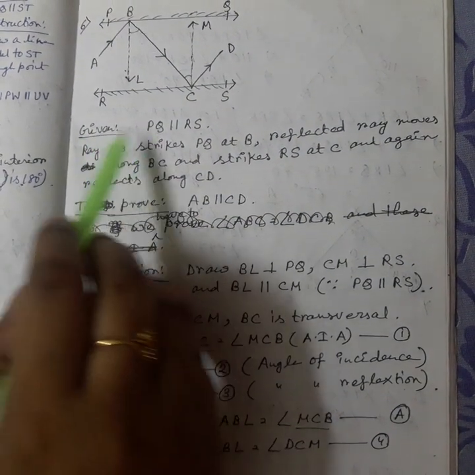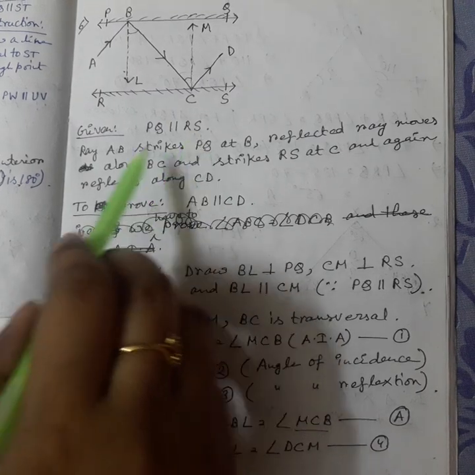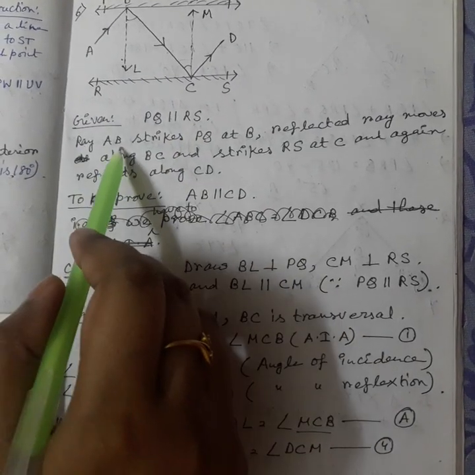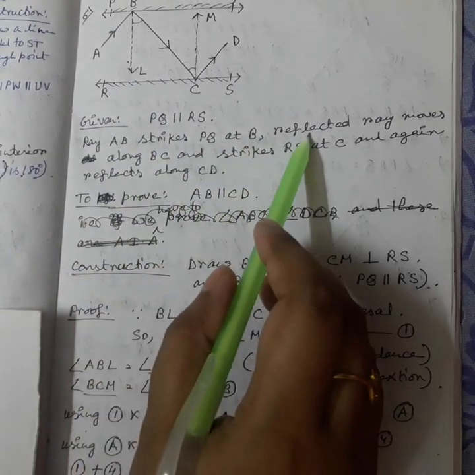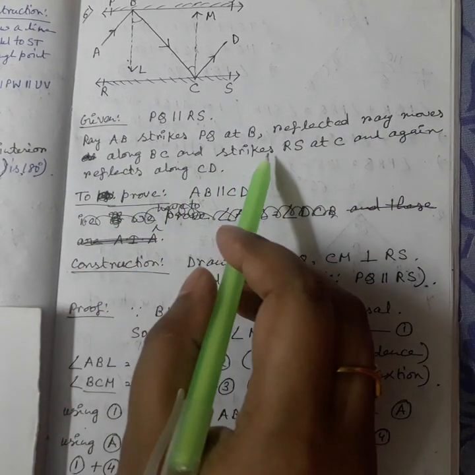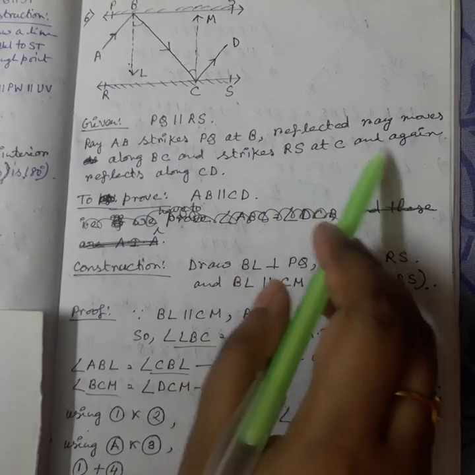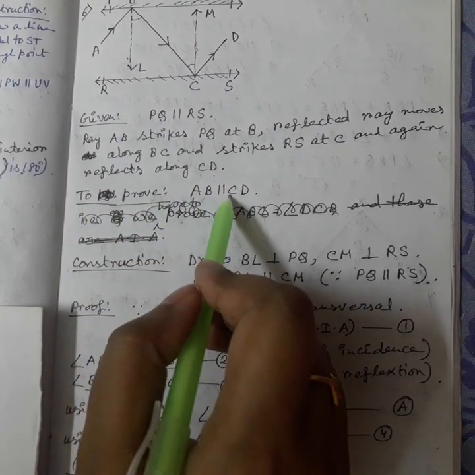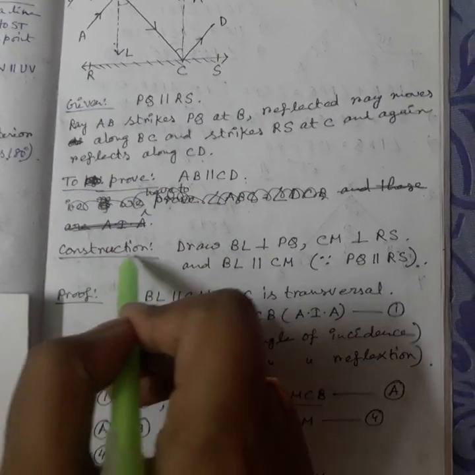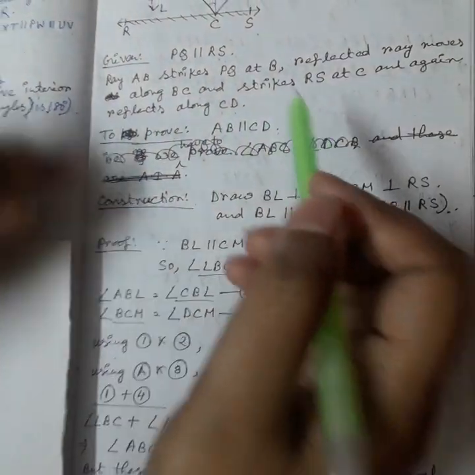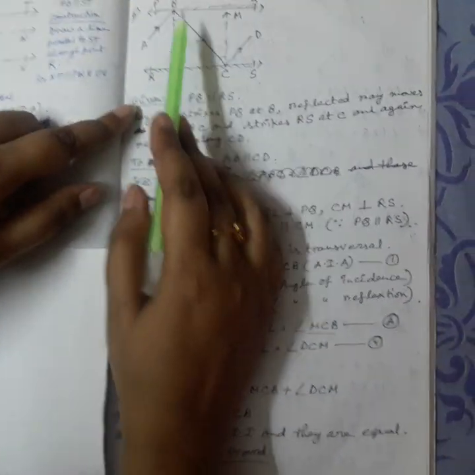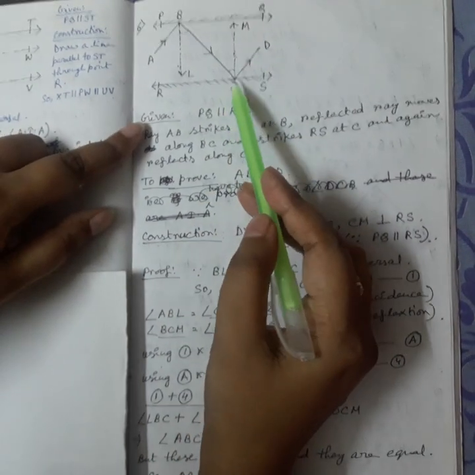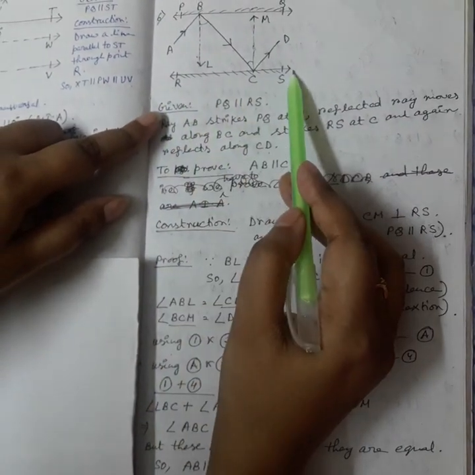So first we have written given PQ is parallel to RS. What is given in your question? Ray AB strikes PQ at B, reflected ray moves along BC and strikes RS at C and again reflects along CD. What is given? Now to prove AB is parallel to CD, one construction we have to do, that is we have to draw BL which is perpendicular to PQ and CM which is perpendicular to RS.